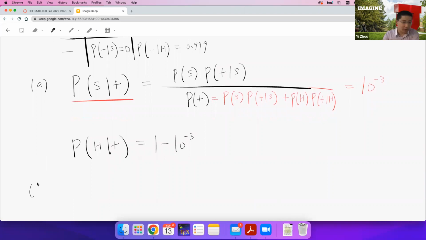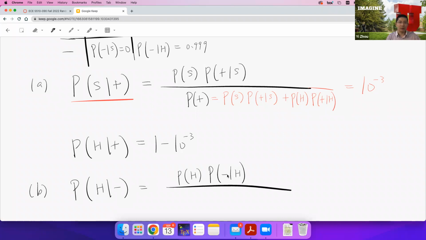And the other question we have is, if we test negative, what is the probability that the person is actually healthy? Again, you apply Bayes' rule to calculate that. I will not go over the details, but Bayes' rule looks like this.